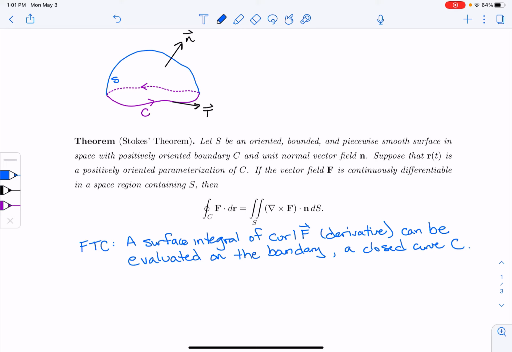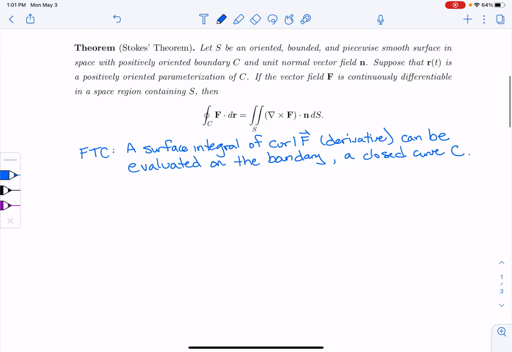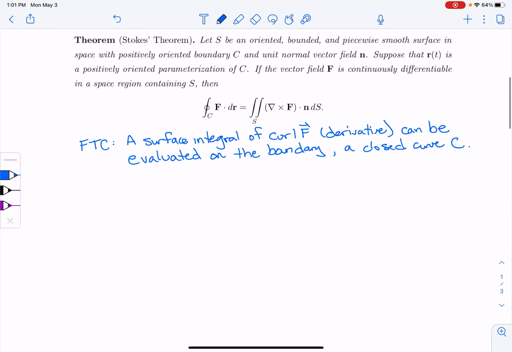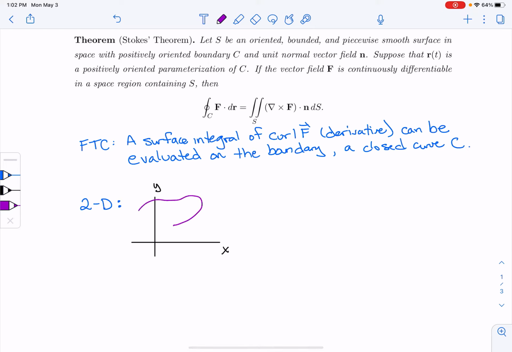Well, why would Stokes' theorem be true? I'm not going to present a full proof, but what I will do is I will look at Stokes' theorem in two dimensions. So if we looked at this as being in two dimensions, then my surface would be a region enclosed by a curve C. So I could draw a curve C, like this.